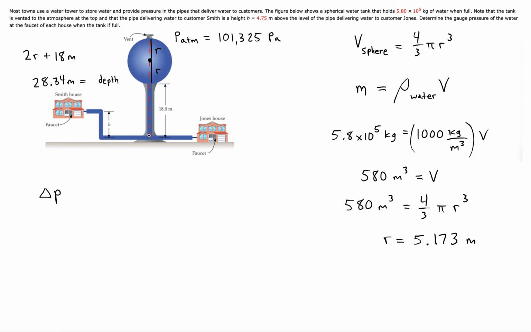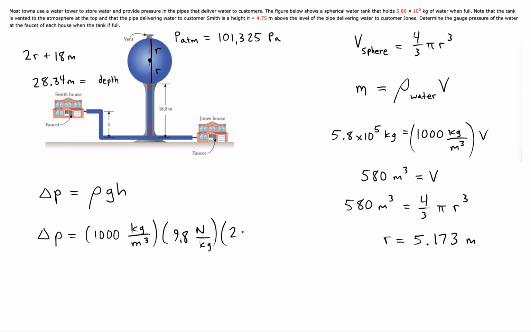Then our change in pressure from the vent to the bottom would be given by rho g h, where rho is the density of water, g is the gravitational field strength, and h will be the height of the column of water from the vent to the base. 277,700 pascals.